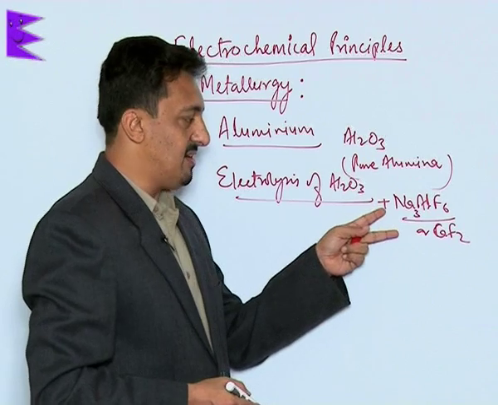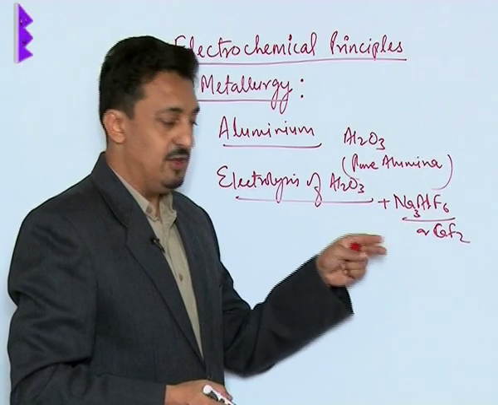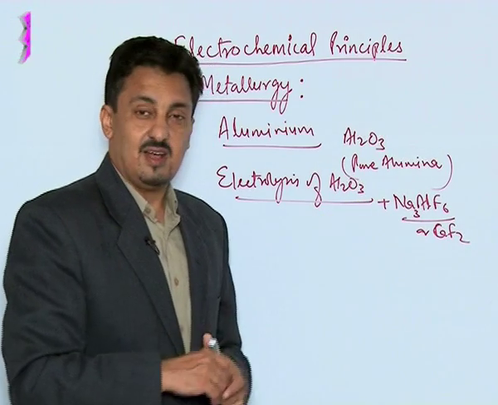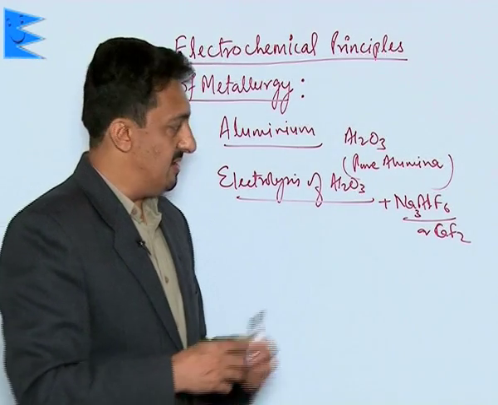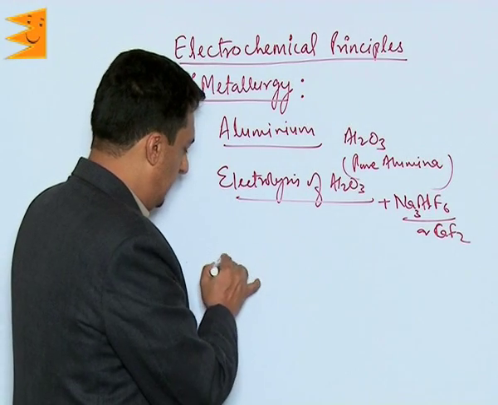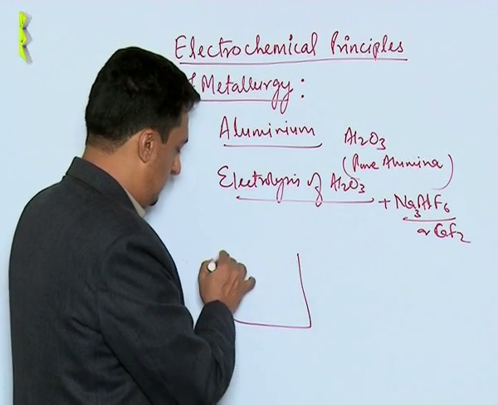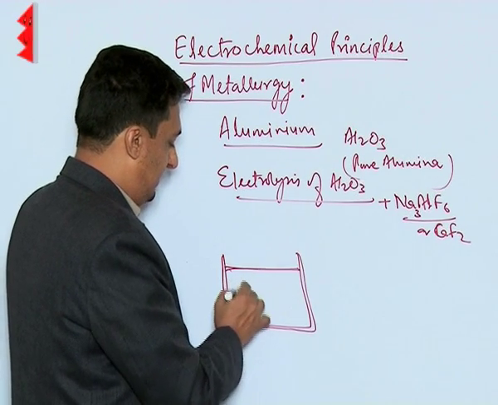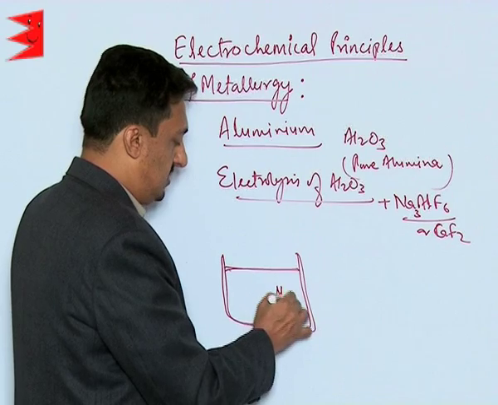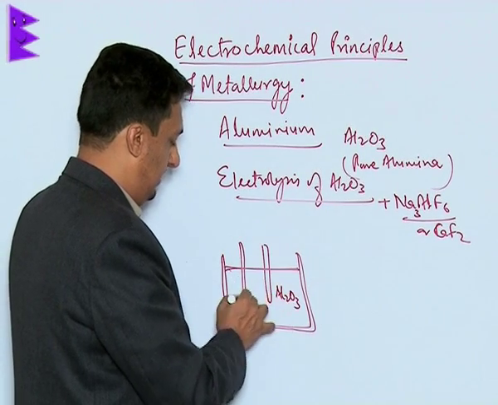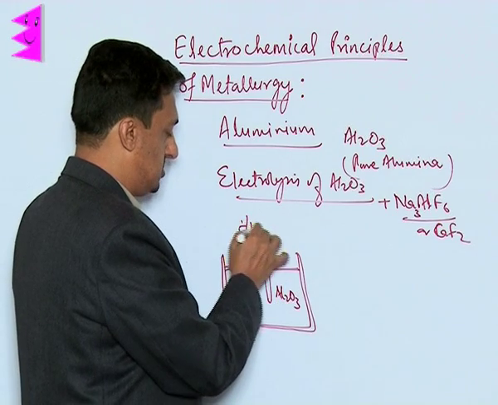The main purpose of adding cryolite and calcium fluoride is that they reduce the melting point of alumina and increase the conductivity, and that is why the process becomes more feasible. When Al2O3 is taken in the fused form, we take a cathode and an anode, and they are connected through the electrical source.